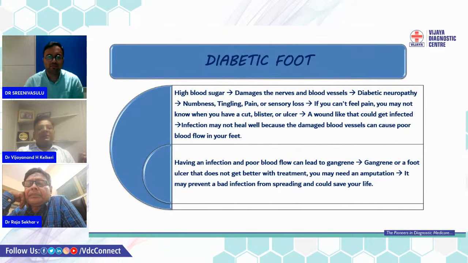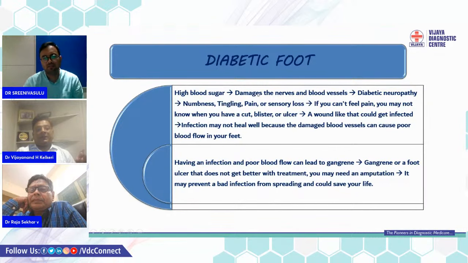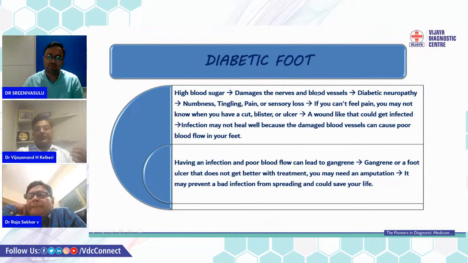So, a very small, brief pathophysiology of how diabetic foot happens, before I go into the pathology of the diabetic foot. What happens is most of the people who have high blood sugar levels, it's a gradual process wherein it damages the nerves and blood vessels, and that leads to diabetic neuropathy.